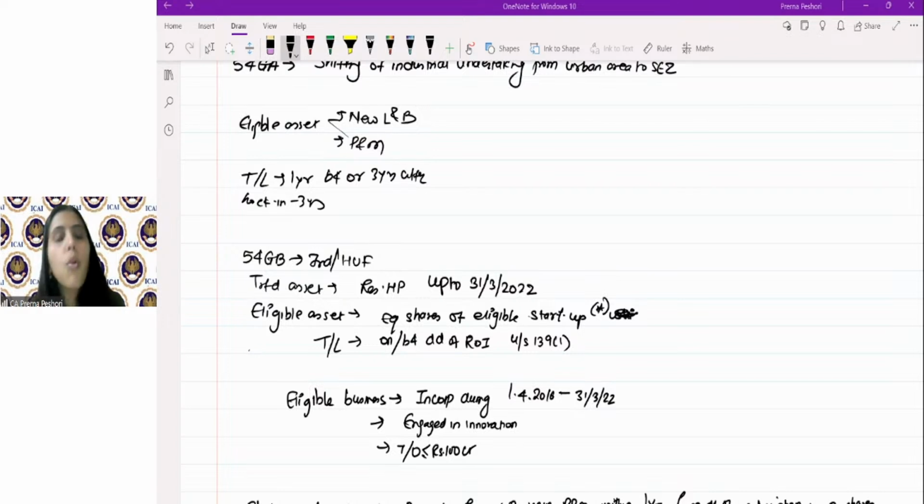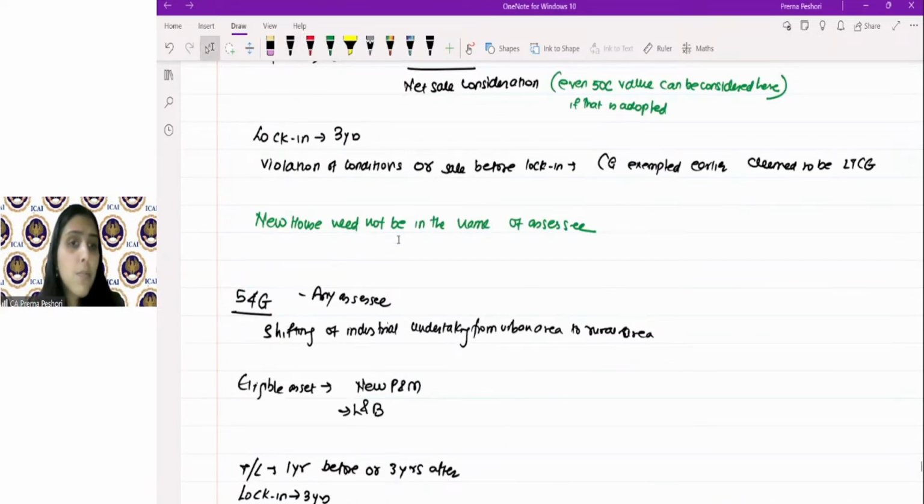So again, the Supreme Court in the case of Fiber Board had held that all that is required is to utilize the amount of capital gain for the purpose of purchase and construction or acquisition of new machinery. Since the entire amount is given by way of advance, that is all right. That is not a problem. So this is in the context of 54G. What is 54G? Where there is shifting of industrial undertaking from urban area to rural area. Clear?